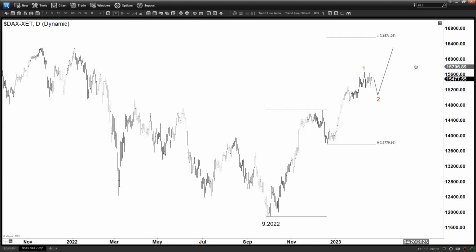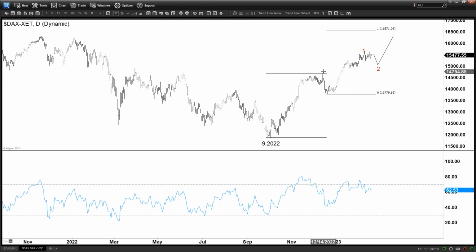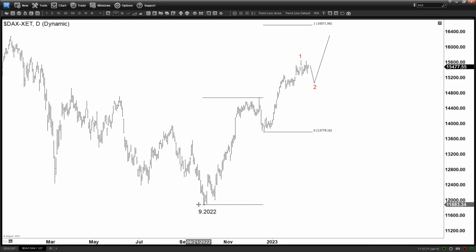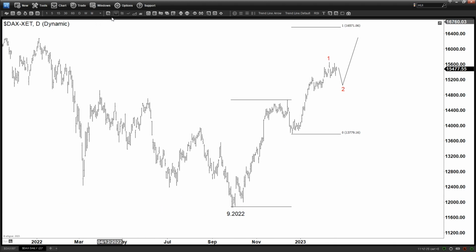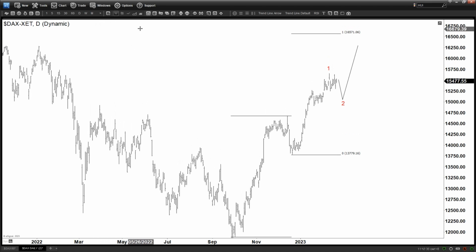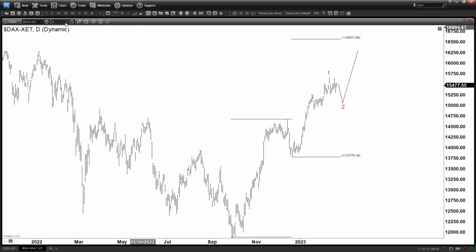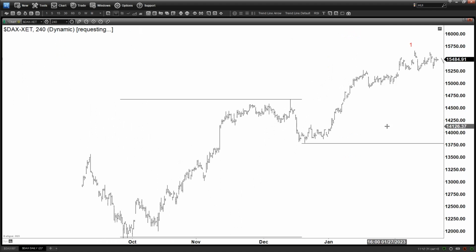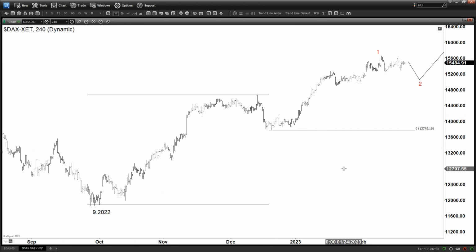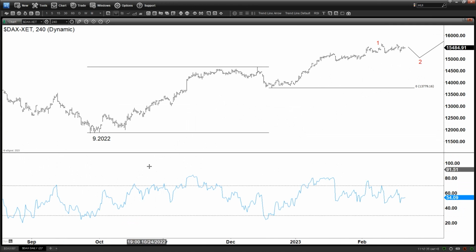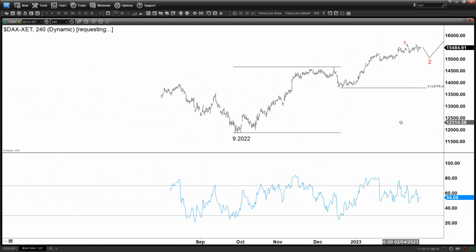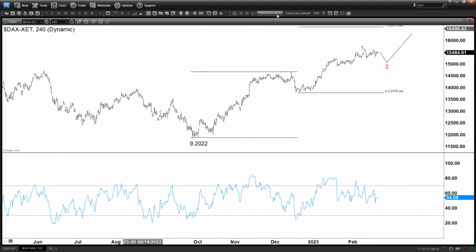Now for those of you that will suggest, can we count this 1, 2, 3, 4, 5, for example? Well, I guess nothing is impossible, but if you look at the distribution of the rally, it looks like it is a different cycle, right? So you can see if I zoom out, I go down to the 4-hour time frame here.